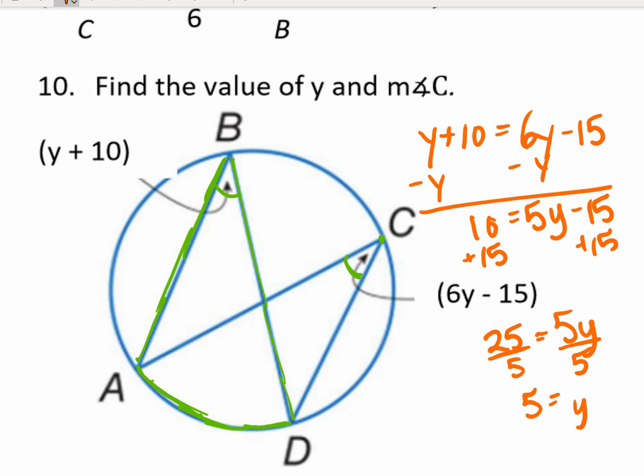Alright, so don't stop there. That's just y. You needed to find y, but now you need to find the measure of angle C. So we're going to take 5, substitute it into the angle C. 6 times 5 is 30 minus 15. So it's going to equal 15. So the measure of angle C is 15.